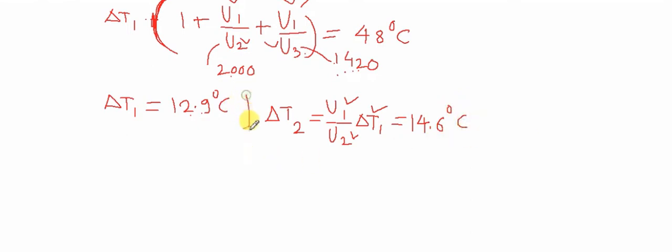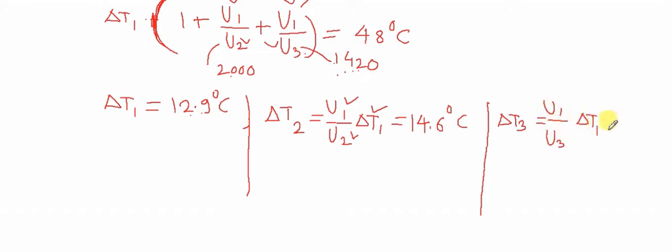Similarly, delta T3 will be equal to U1 by U3 delta T1. You know U1, you know U3, you know delta T1, so you get this value, and that value is 20.6 degrees Celsius.